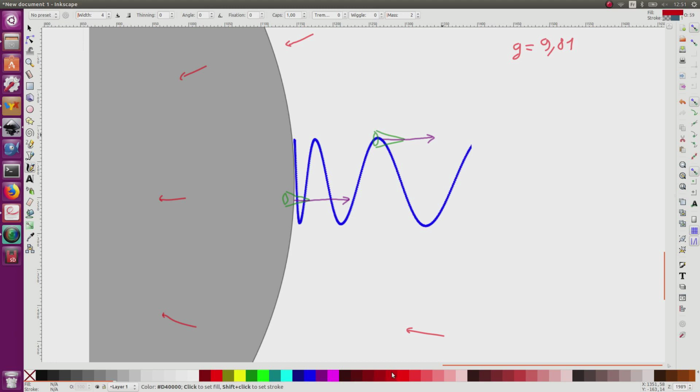It is because what it feels comes from the gravity, which is like this, plus this acceleration, and the sum of the two corresponds to this vector. So everywhere, that's why we can understand these oscillations.